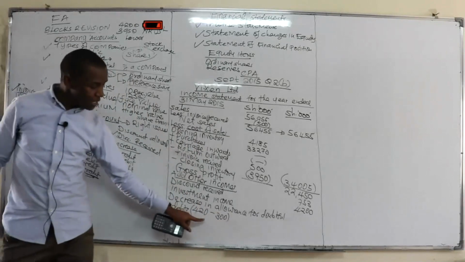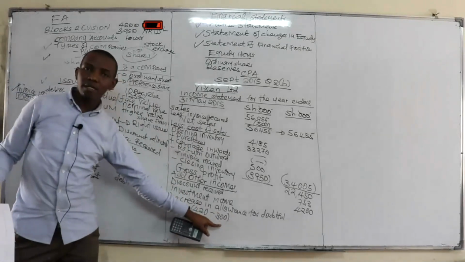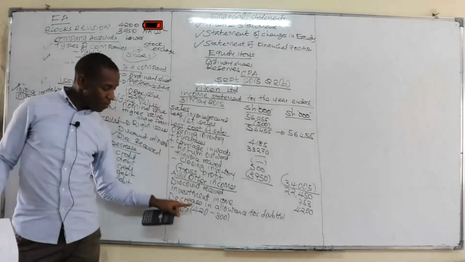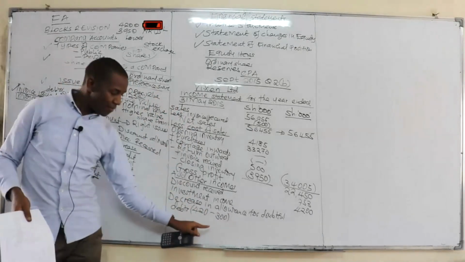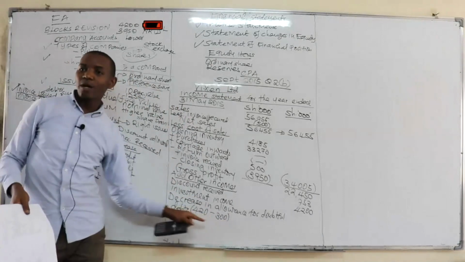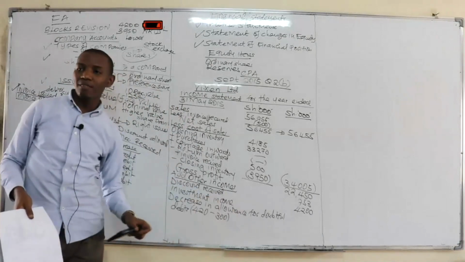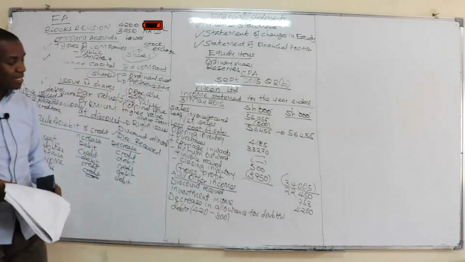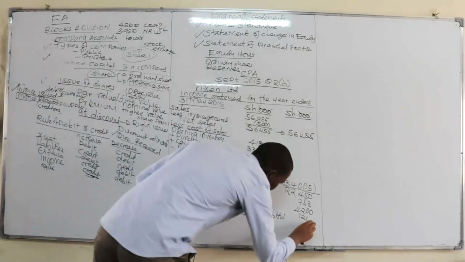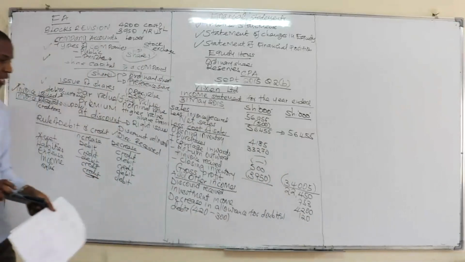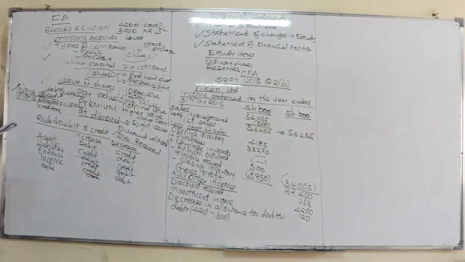So it went from 420 to 300. What could be the reason? Some of the debtors whom you thought would not pay have paid, and that is why it has reduced. When they pay, to you it will be income, and that is why we are taking it as an income, and therefore it will be 120, which in that case is a decrease.